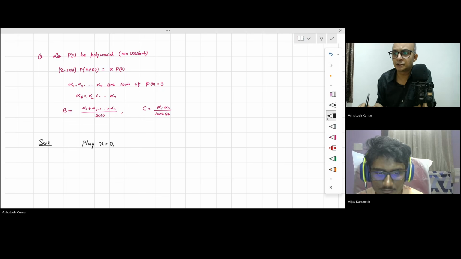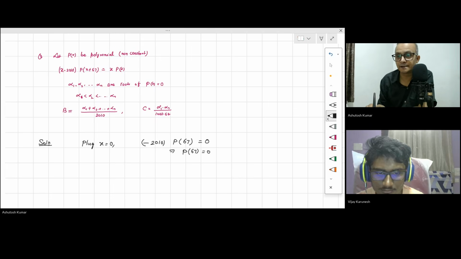So put x equal to 0, and this will give you negative 2010 P of 67 is equal to 0. So what does it mean? P of 67 is 0, so 67 is a root of the polynomial. Means one root we identified, 67 is one of the roots. I don't know whether it is alpha 1 or alpha 2, that will be decided.